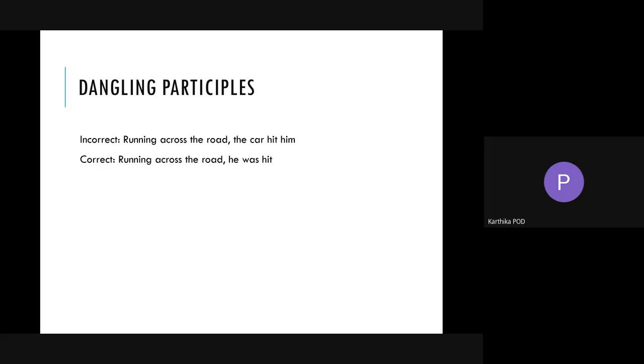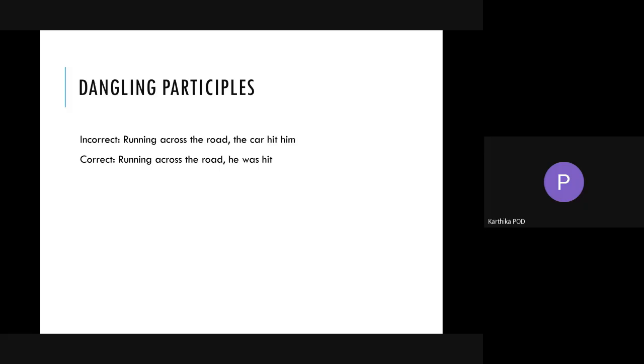So when you write running across the road, the car hit him, particularly when it starts with a dangling participle, the rule is that the subject has to be placed in the front, or the subject should not be skipped.